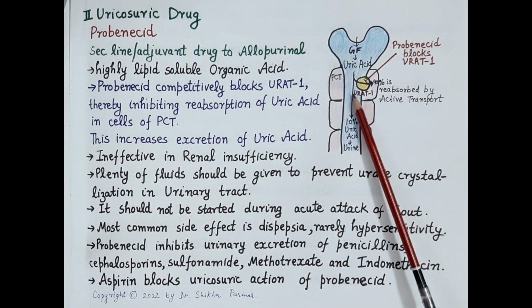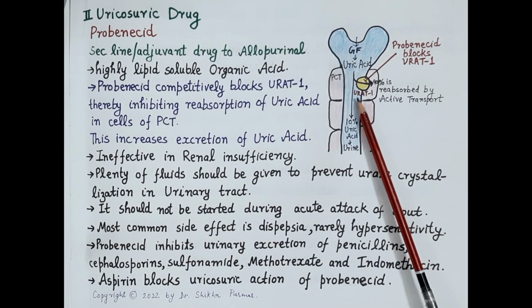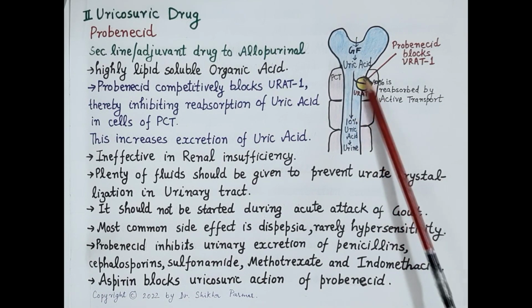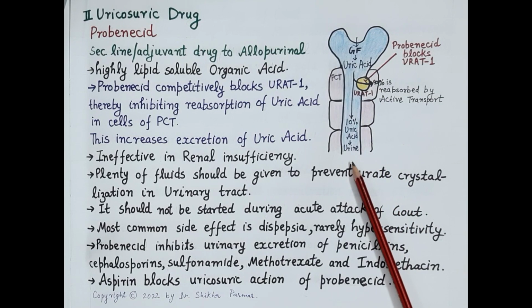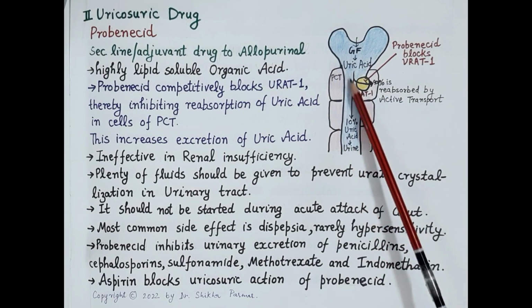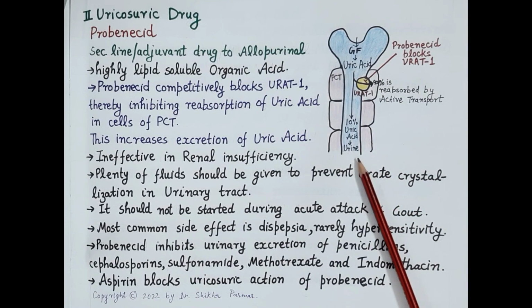So blockage of this URAT1 transporter by probenecid prevents reabsorption of uric acid, and therefore this 90% uric acid, instead of being reabsorbed, is also excreted in the urine. So probenecid increases the excretion of uric acid in the urine.